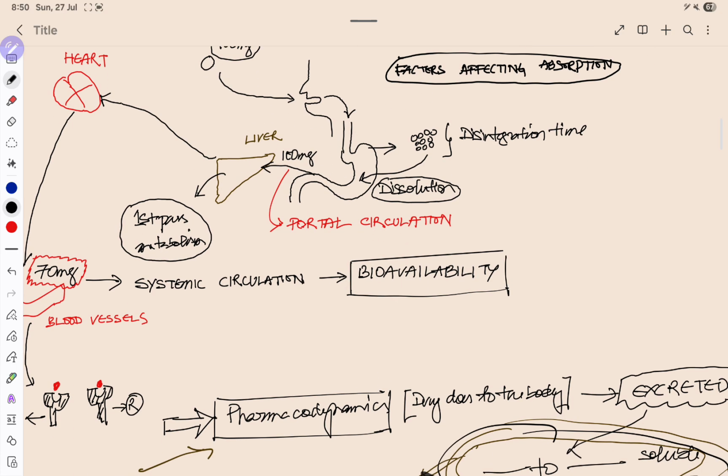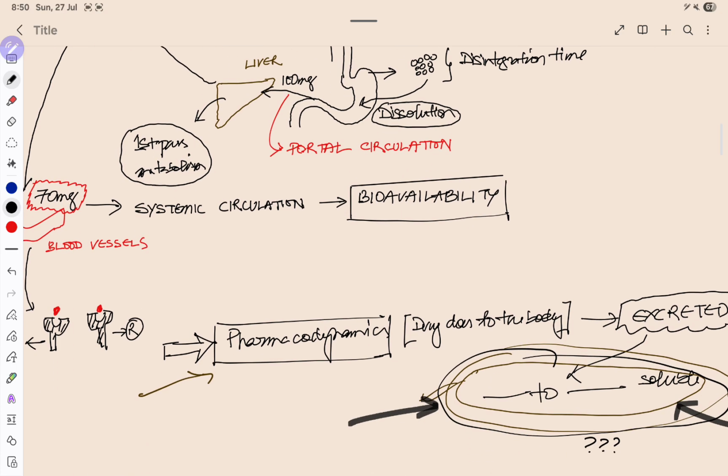And again, we should understand the factors affecting distribution. Here, the organs with a better blood flow or a high blood flow will receive more drug initially.